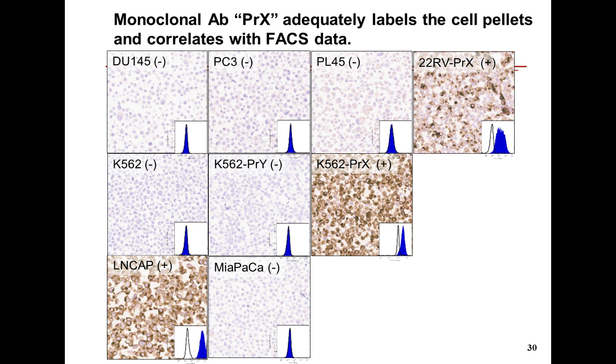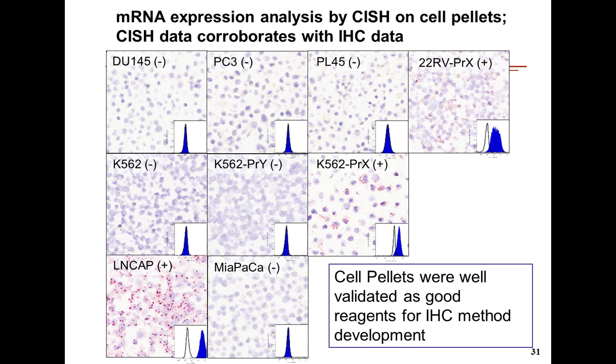This is a pretty clear go or no-go decision, but since then we've always incorporated in situ hybridization. So we did the mRNA expression analysis by CISH on these cell pellets. What was comforting and pleasing to see was that the CISH data corroborated the IHC data, which also corroborated the FACS data.